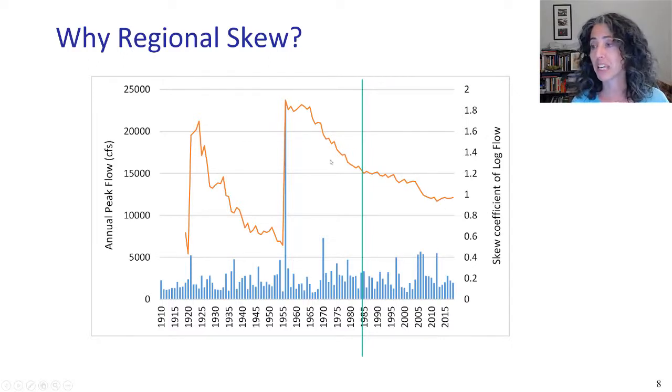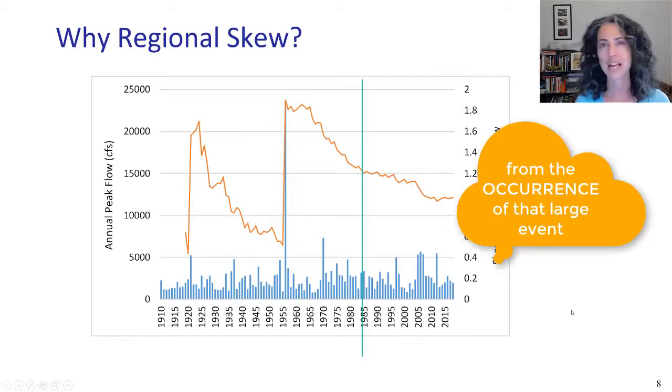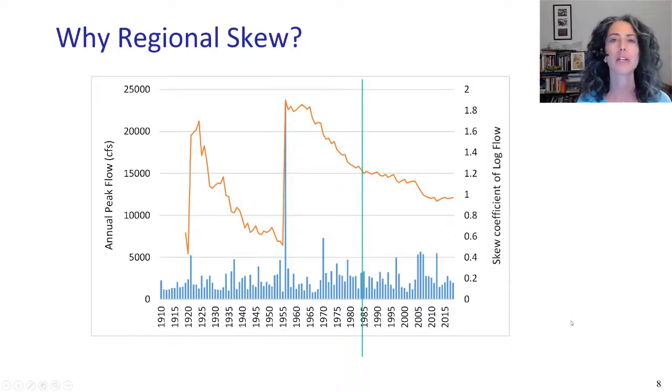It's probably going to keep on changing. The problem we're having here is this large event was probably not a 1 in 70 year event, right? It was probably a more rare event than that, back to back 2 hurricanes. So the skew coefficient is suffering from the outcome of that large event. And so we'd like to find better ways of getting a better estimate of skew, and that's where the skew regionalization is going to come in.